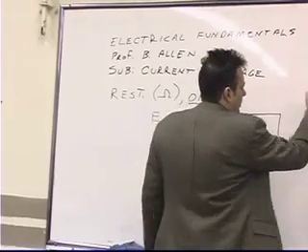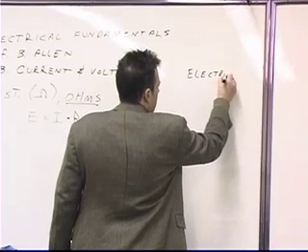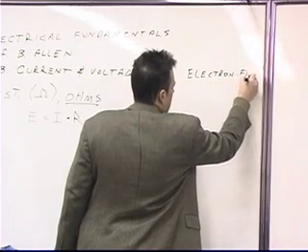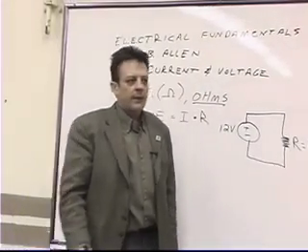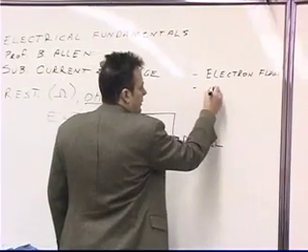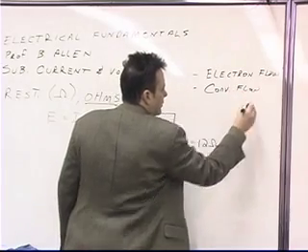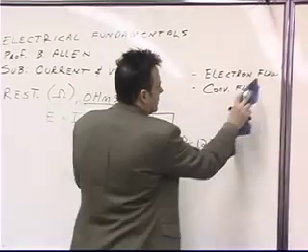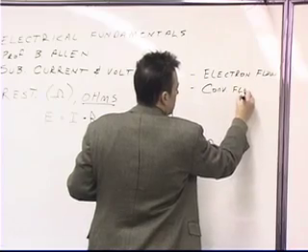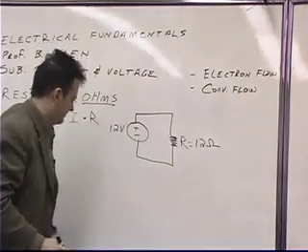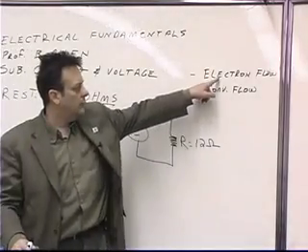One of them is electron flow theory, and the other one is conventional flow theory. Okay?